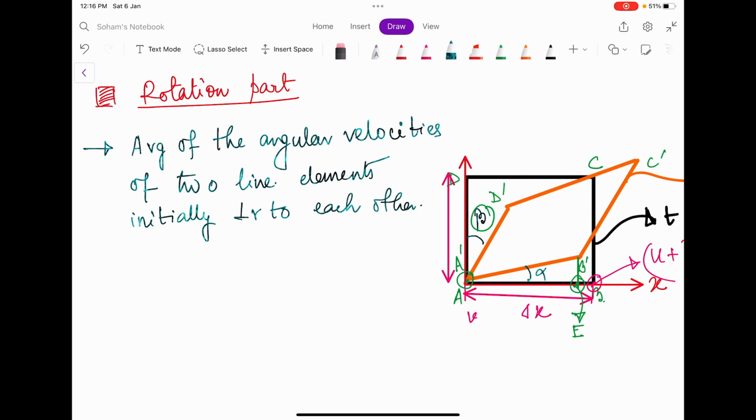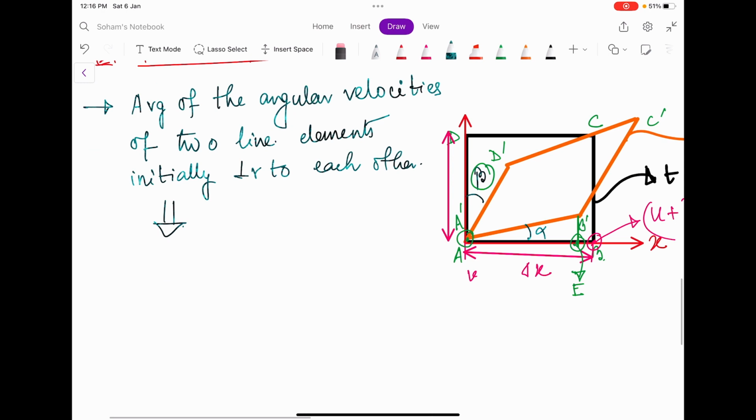Now let's see that for this case, AB has been rotated in this direction, but this line segment AD has been rotated in this direction.